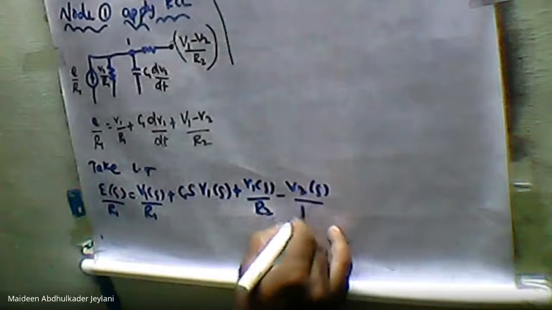Take the Laplace transform. E of s divided by R1 equal to V1 of s divided by R1 plus C1 into, what is dV1 by dt? The first order derivative. It is s into V1 of s, plus V1 of s divided by R2 minus V2 of s divided by R2.